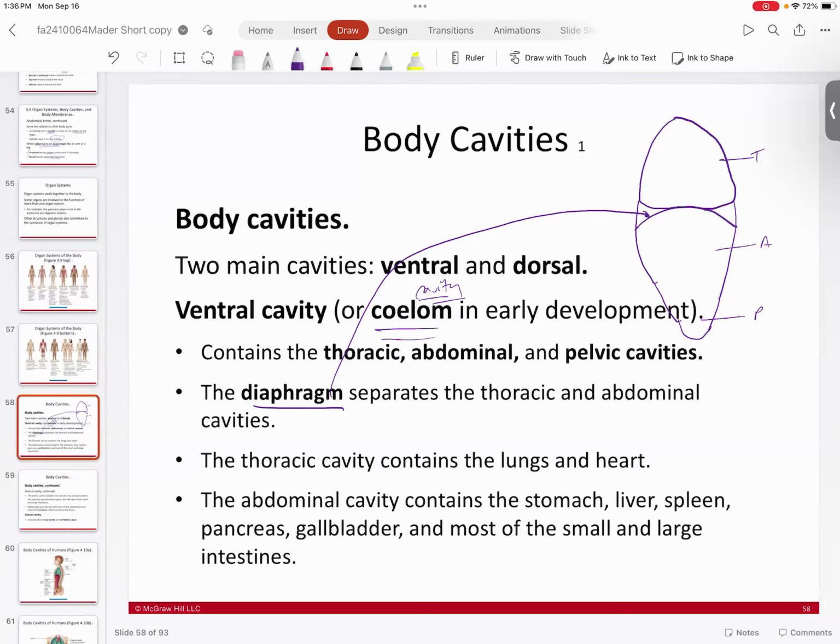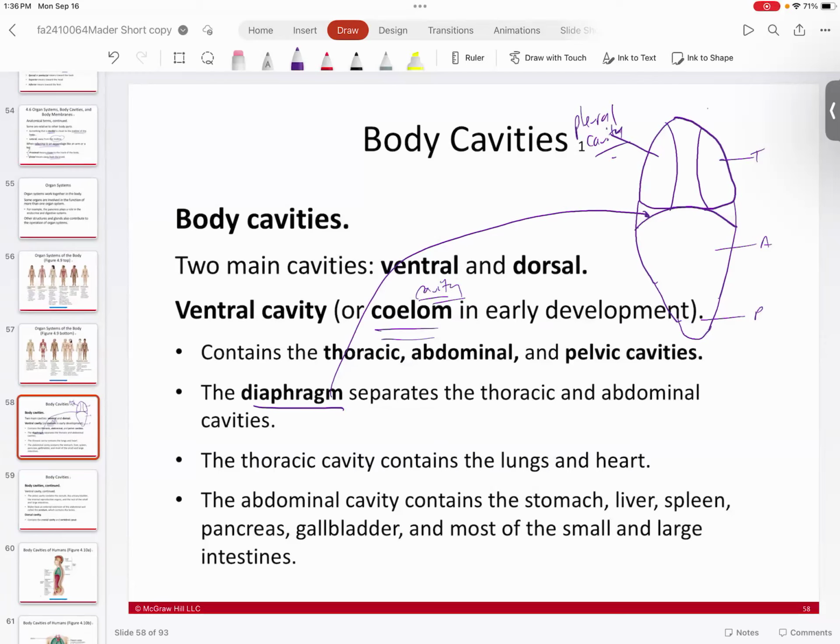When you take a look at this, you can actually further subdivide the thoracic cavity into major pieces, subdivisions, if you will. If you cut it like this, each one of these is what's called the pleural cavity. This is where each of your lungs resides. Your right and left lung each reside in a pleural cavity.